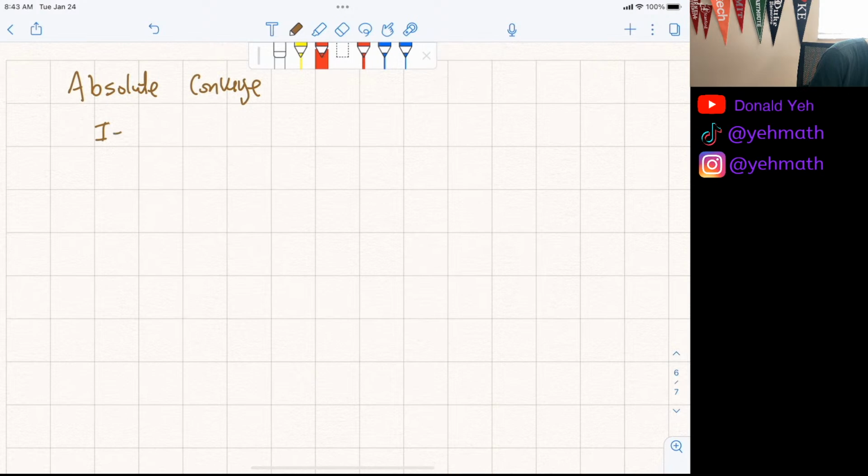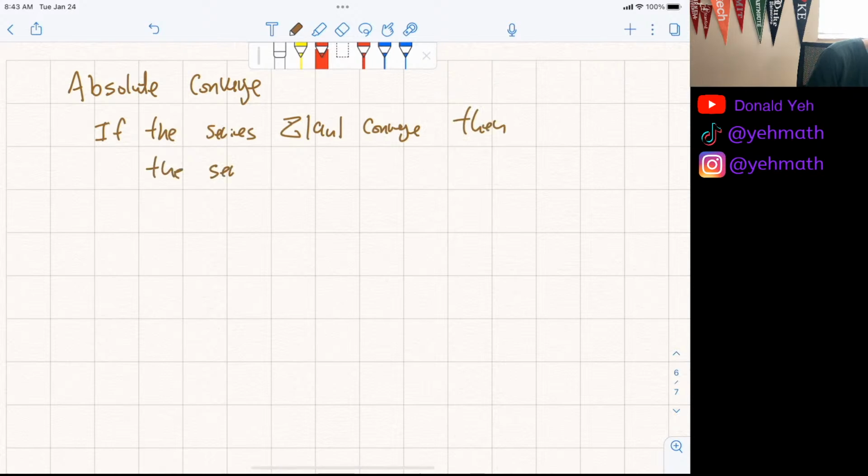So if the series summation of the absolute value of a_n converges, then the series of a_n also converges.